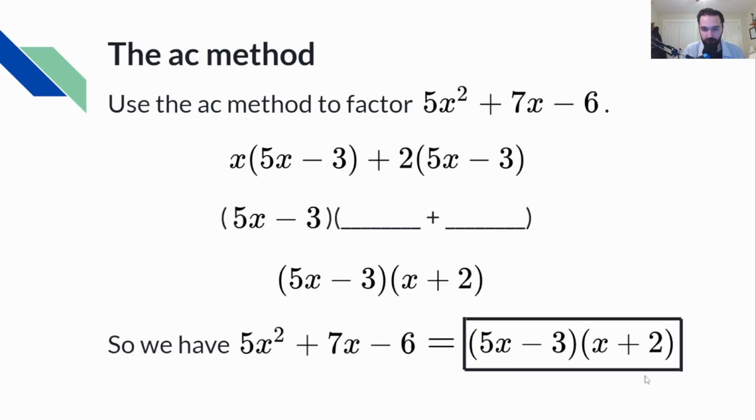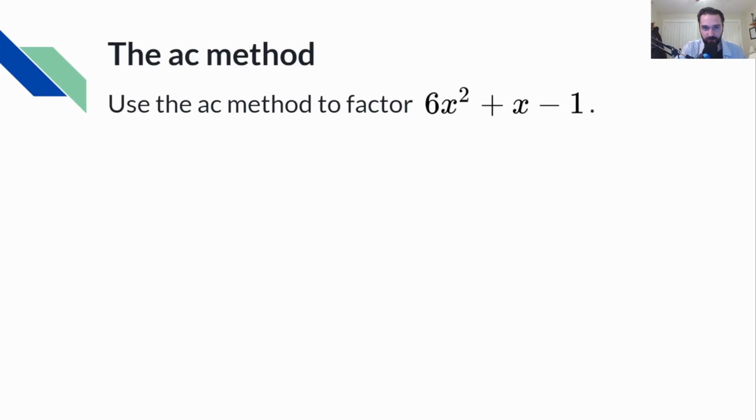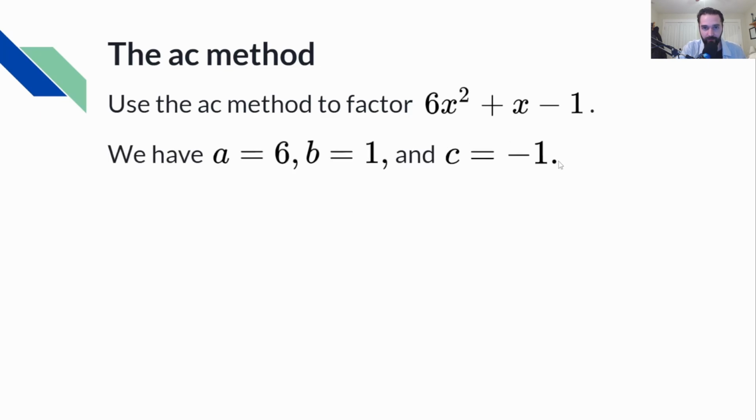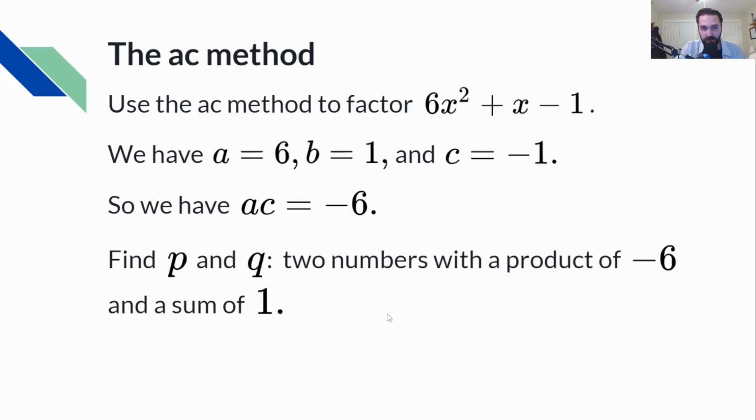Let's try one more example. Use the AC method to factor this. Here we have a equals 6, b equals 1, and c equals negative 1. The product AC is 6 times negative 1, so that's negative 6. Let's find p and q.